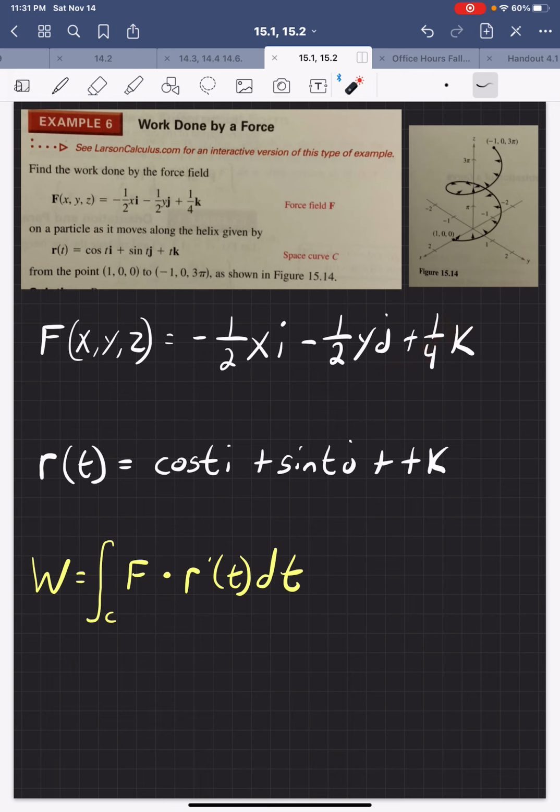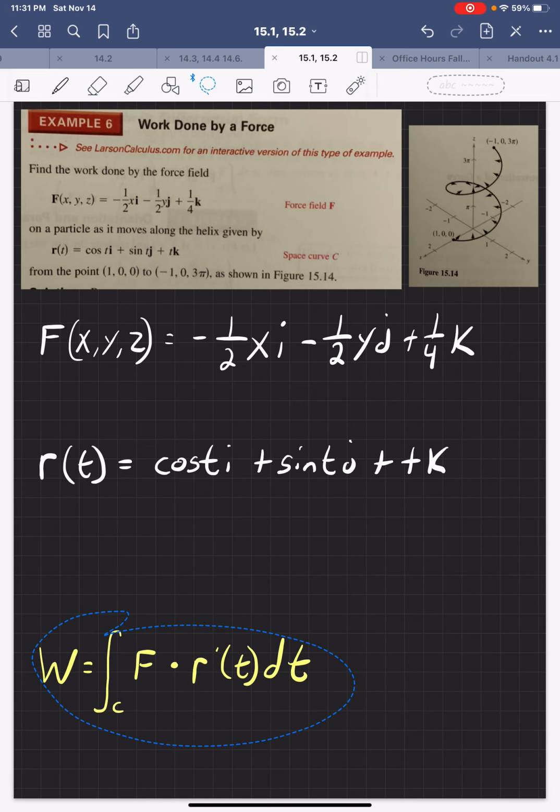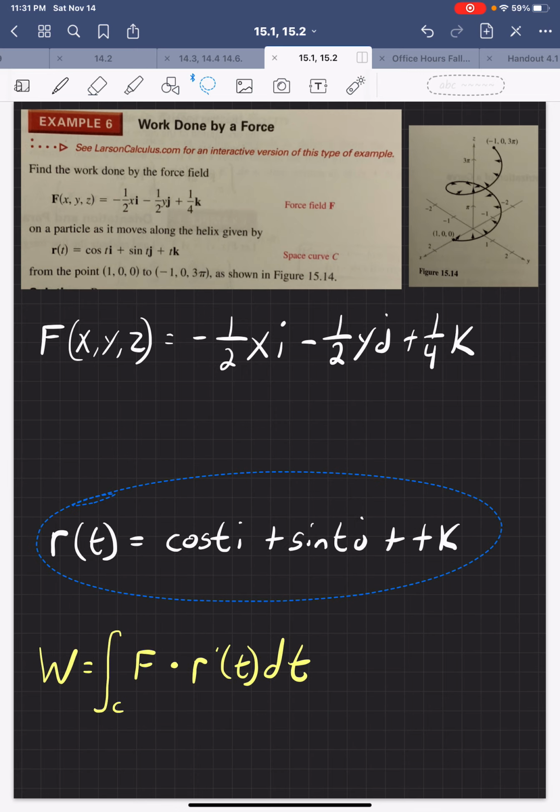Well, let me scoot some things down here. So when we go to plug in, we're going to think about x of t, not x.